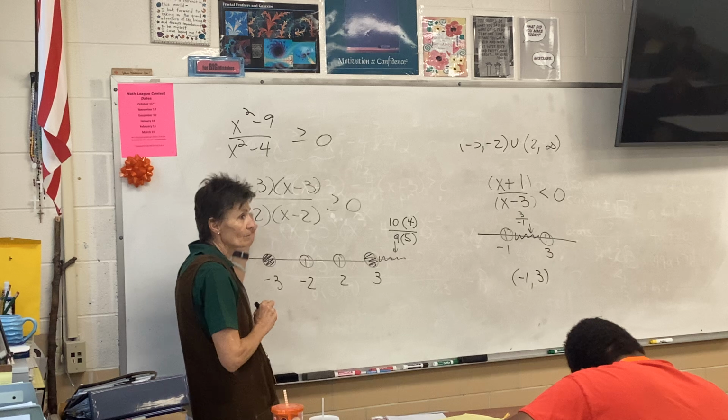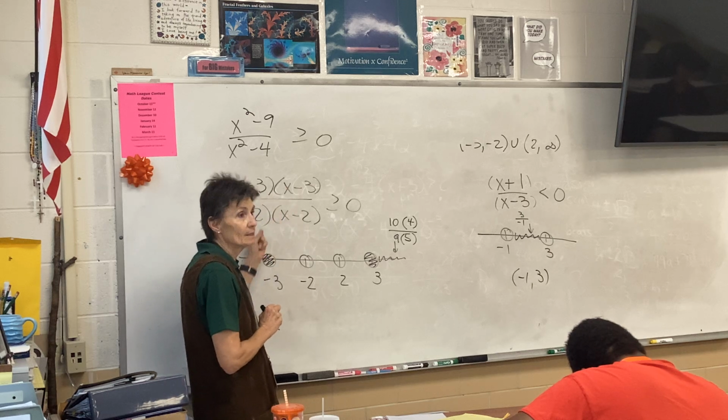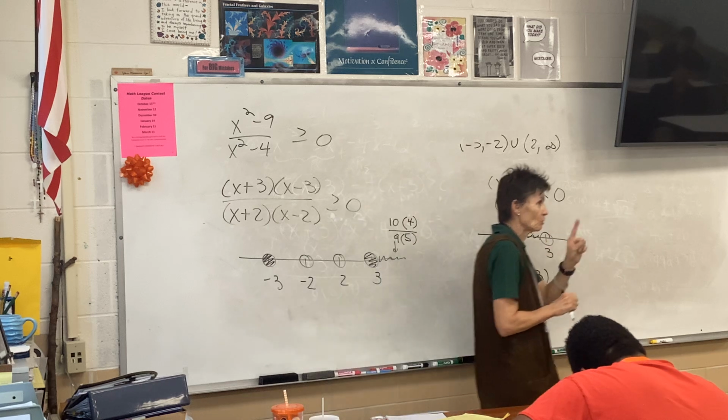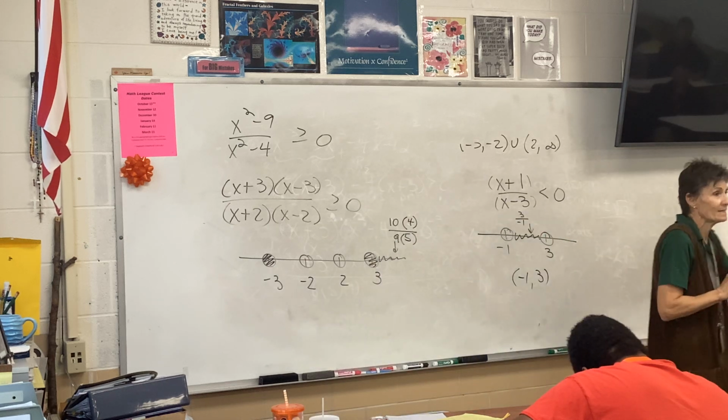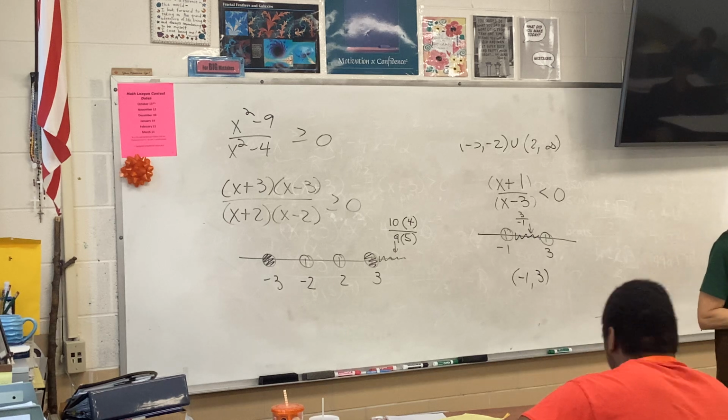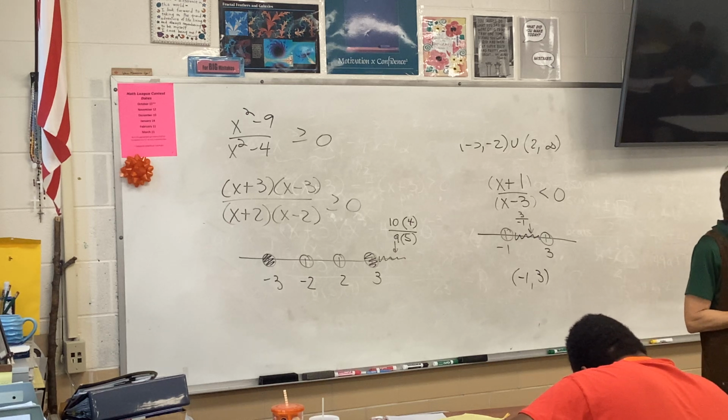Would you consider this problem normal? Yes. Boys and girls, there is one thing that makes your problem not normal. And what is that? A squared on a parentheses. Are there any squares on those parentheses?